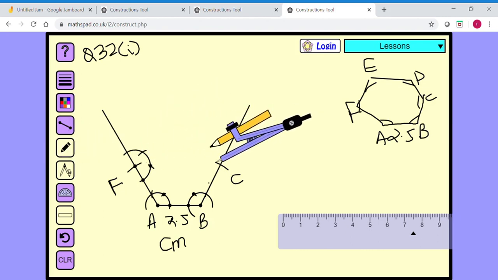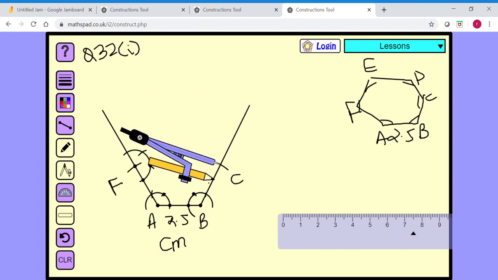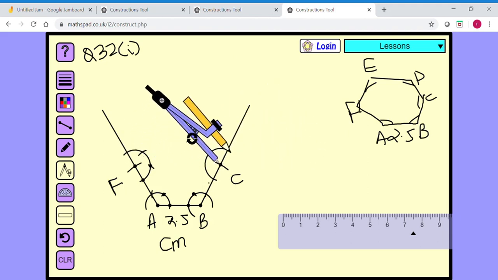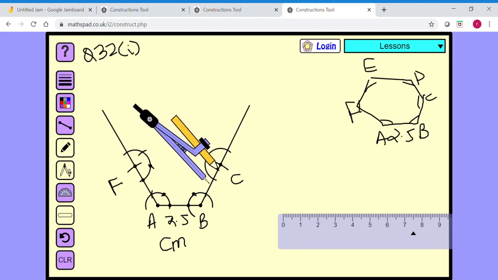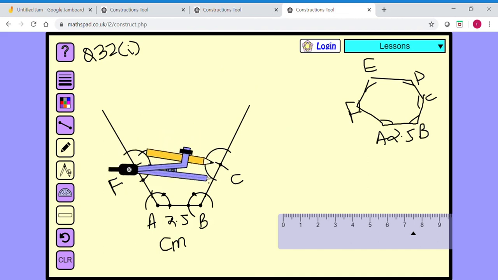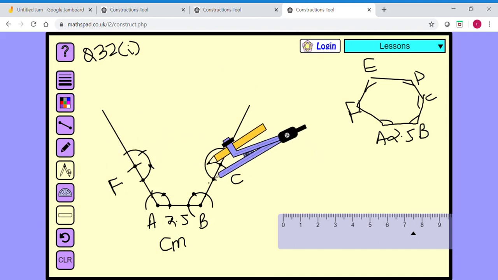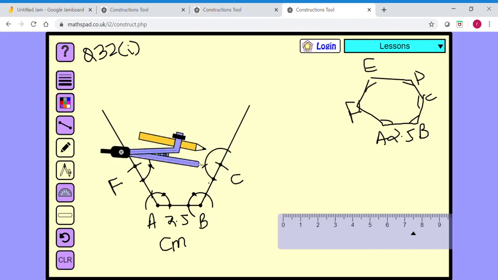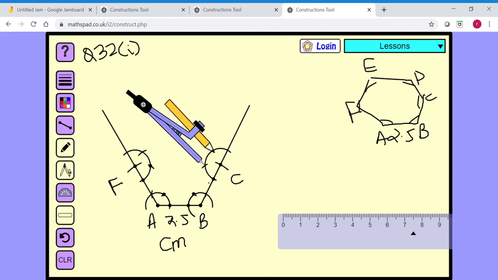I make the same semicircle at F, keep it here to give me 60 degrees, and then keep it at the 60 degree point to give me 120 degrees.